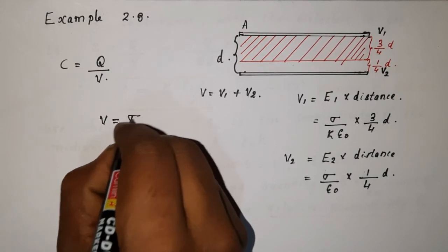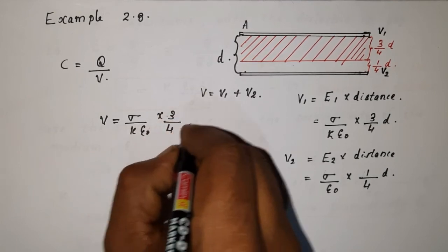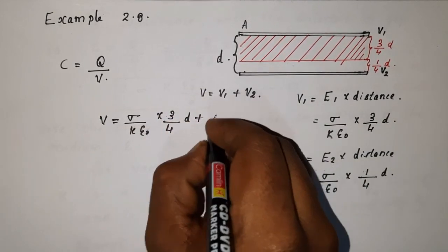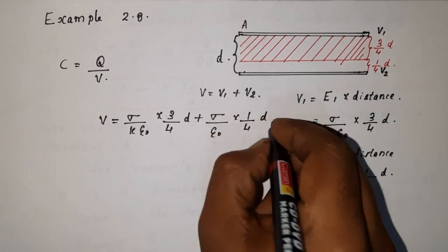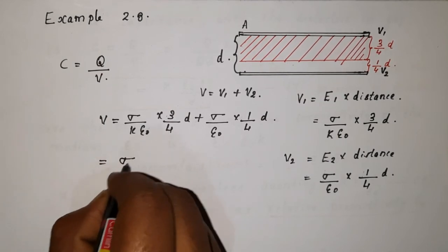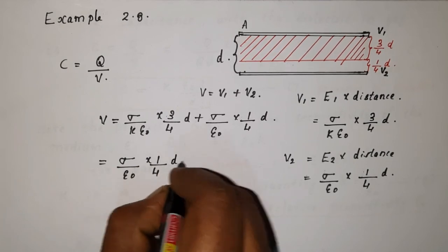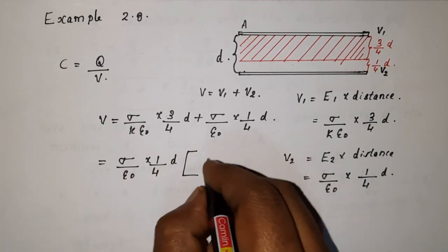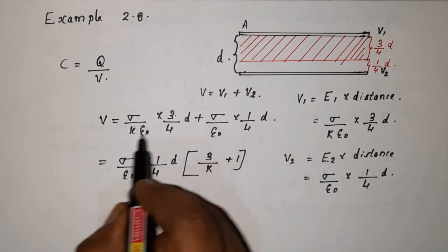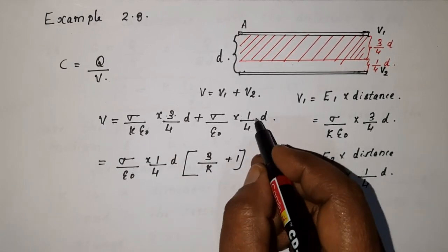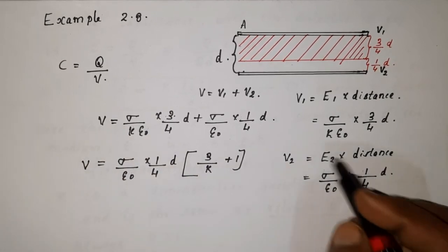That is sigma by K epsilon 0 into 3/4 into D plus sigma by epsilon 0 into 1/4 into D. Taking the common terms outside, sigma by epsilon 0 into 1/4 into D, within the bracket you will have 3 by K plus 1. Here one 3, here one K, so 3 by K, here nothing, that is 1. So this is the expression for potential difference.